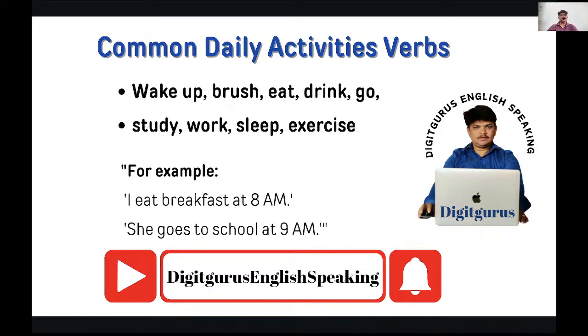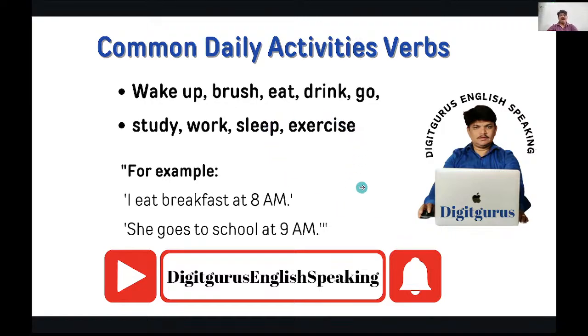Okay? These are very important verbs or phrases. Cook food, wash dishes, clean the house, water the plants, go for a walk, talk on the phone, go shopping, meet friends, go to bed. So these are the very common phrases or words you may use for describing your daily routine.